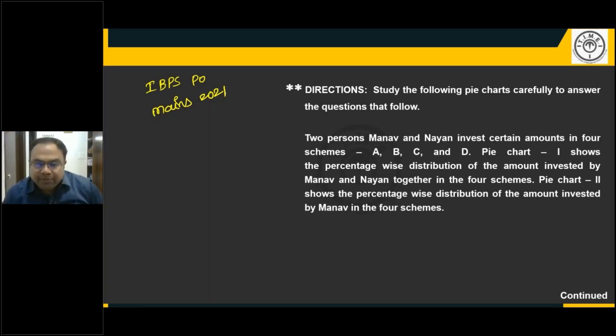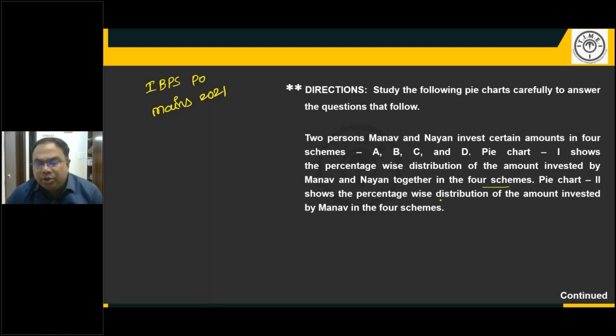Two persons, Manav and Nayan, invest certain amounts in 4 schemes: A, B, C, D. Pie chart 1 shows the percentage-wise distribution of the amount invested by Manav and Nayan together in 4 schemes.